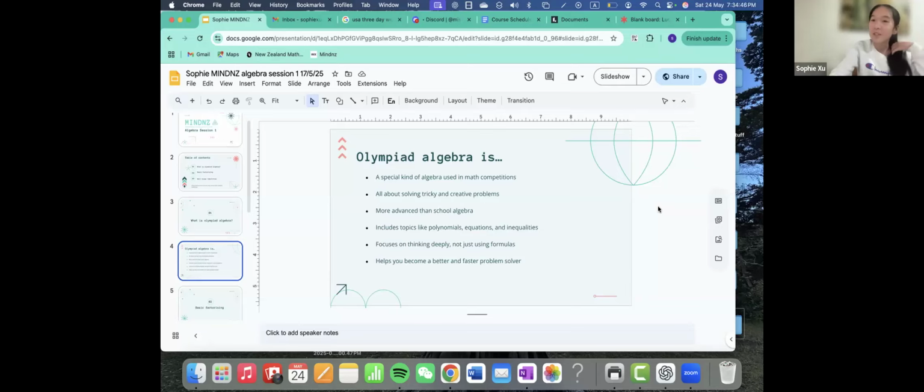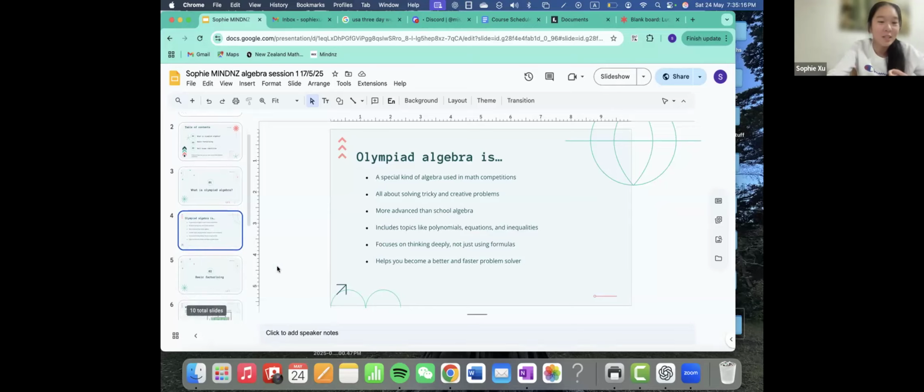It's usually more advanced than school algebra, and you have to use smart methods to find ways to solve the problems. The main topics are polynomials, equations, inequalities, and also functions. Does that sound good? Okay, so today we're gonna talk about factoring, identities, and algebraic manipulation.